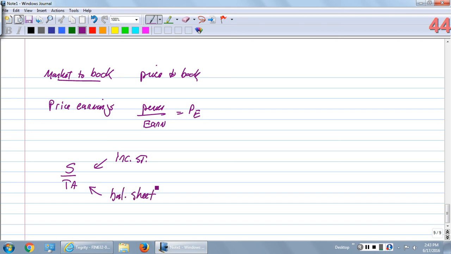And so your textbook said that sometimes when you're pulling values from different financial statements, it's common practice, when you're pulling a balance sheet item, that you take the average of the beginning and the end of year balance sheet items. So for instance, if we wanted total assets, we would take total assets at the beginning of the year plus total assets at the end of the year and divide by 2.